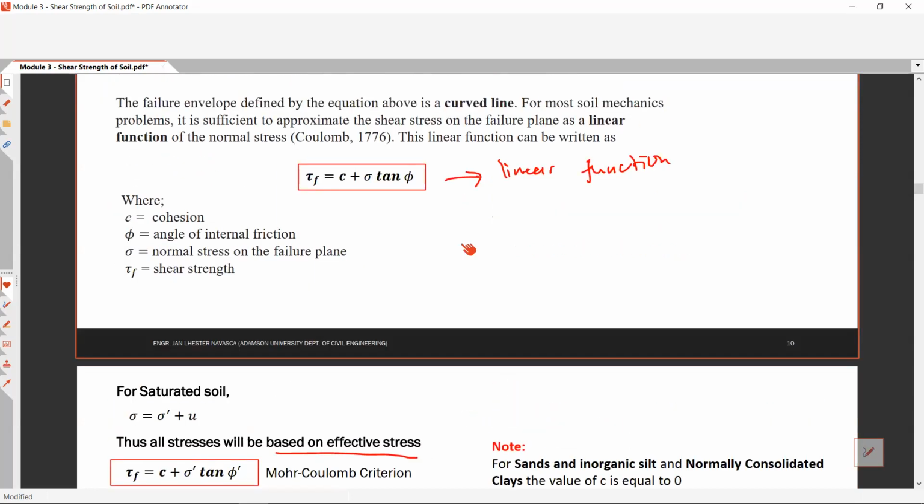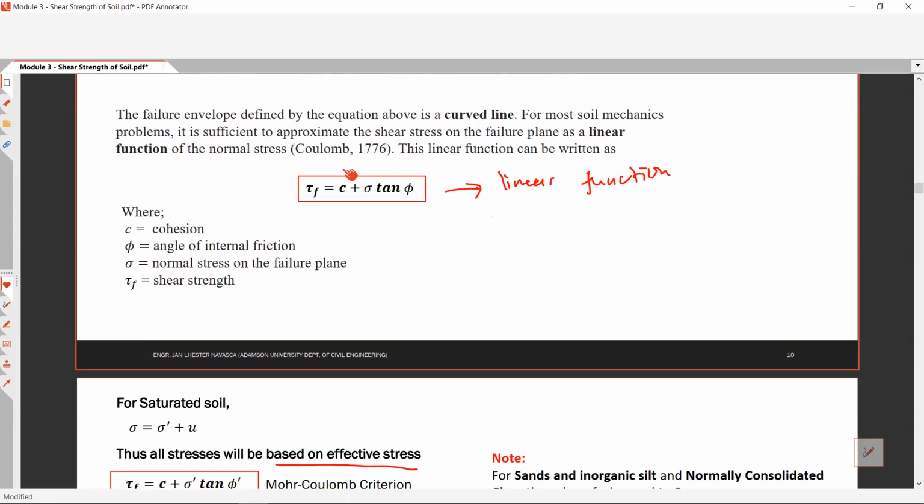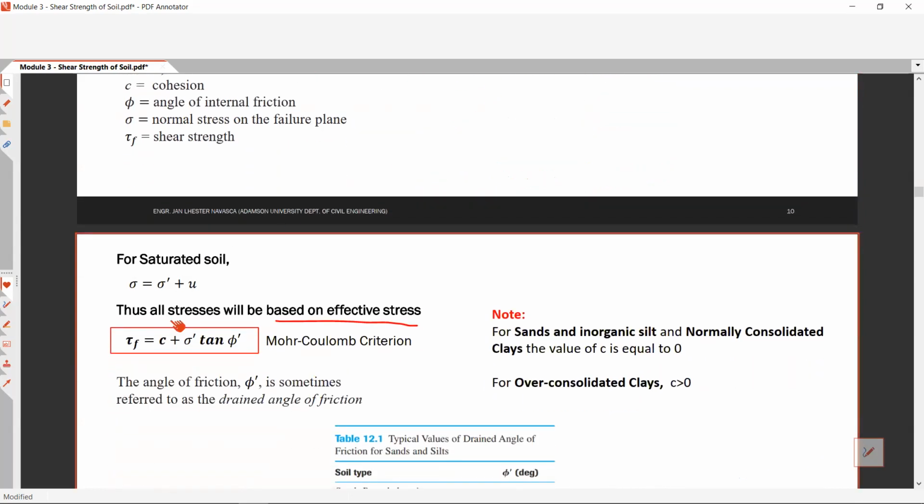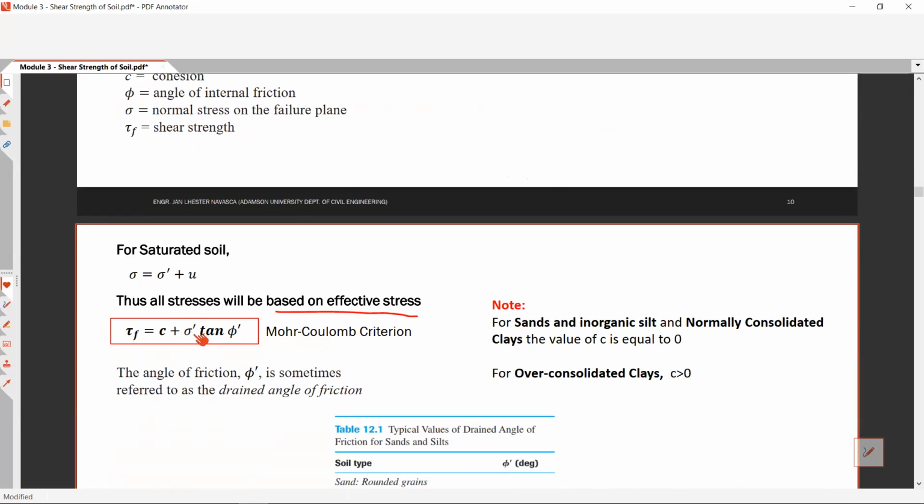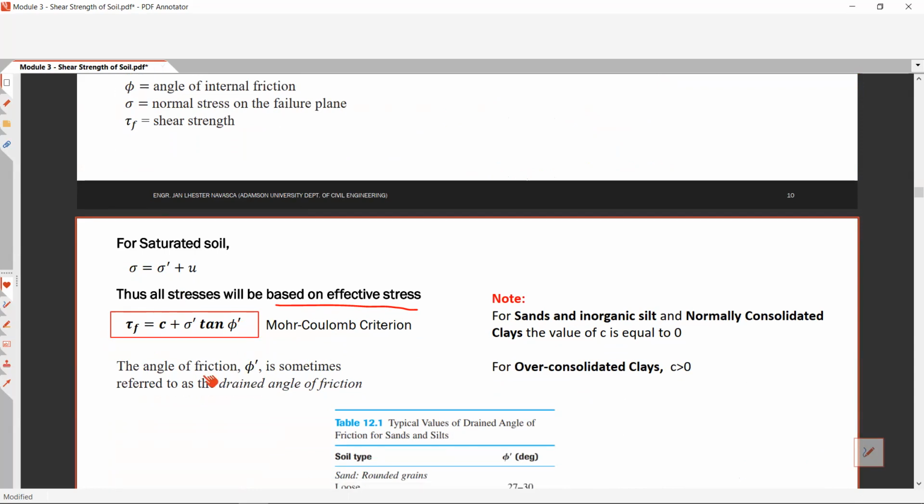So now your Mohr-Coulomb function, the linear function like this one, will now be shear stress equals c prime plus sigma prime tangent of phi prime, whereas sigma prime is the effective stress and phi prime is the angle of friction, sometimes referred to as the drained angle of friction.